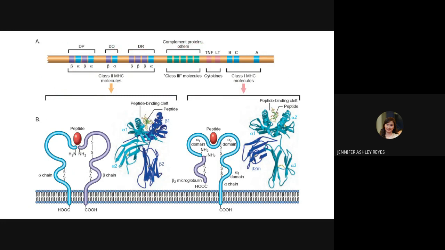This polymorphism, because of the combination of several HLA molecules, means that no two individuals other than identical twins are likely to express the same MHC molecules. And therefore, what does it mean for transplantation immunology as a whole? It means that grafts exchanged between individuals will be recognized as foreign and will be attacked by the immune system.